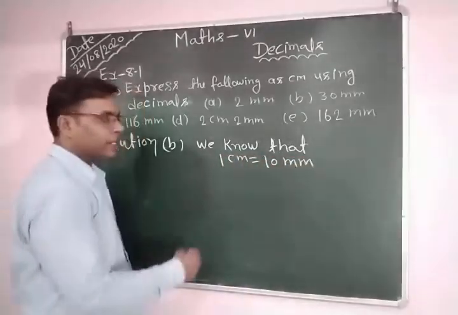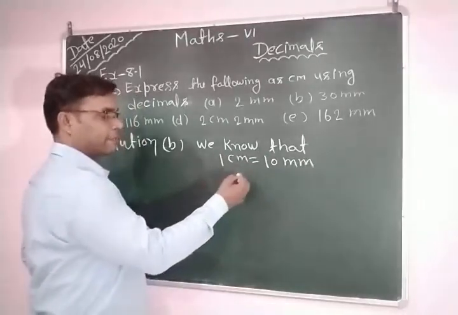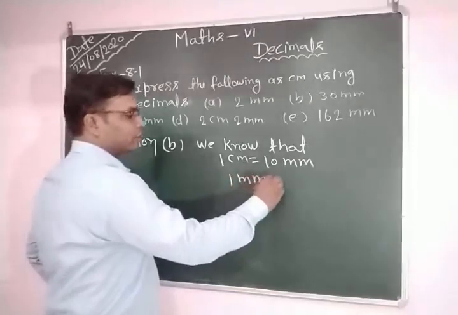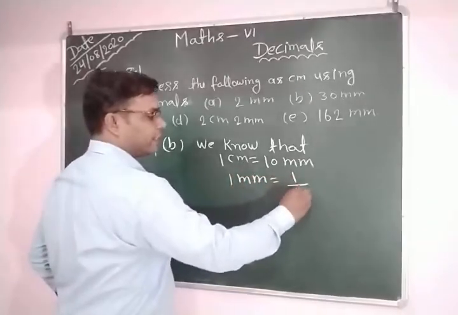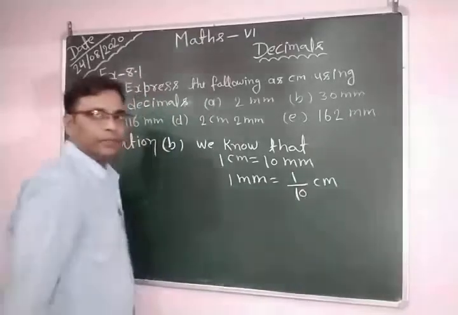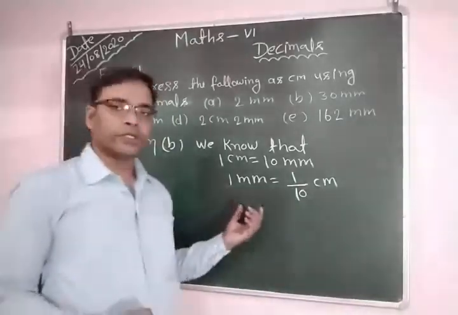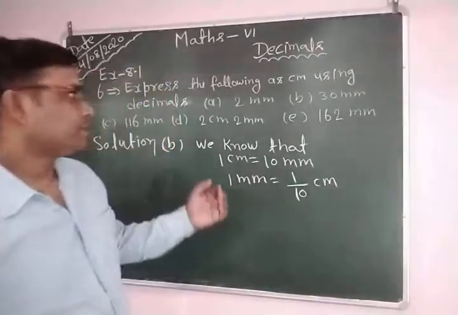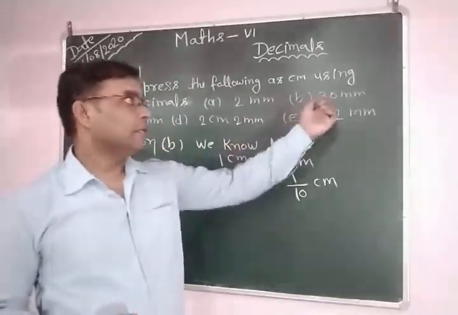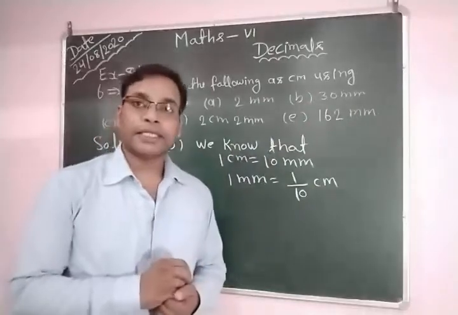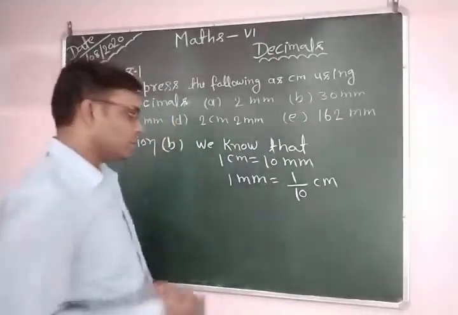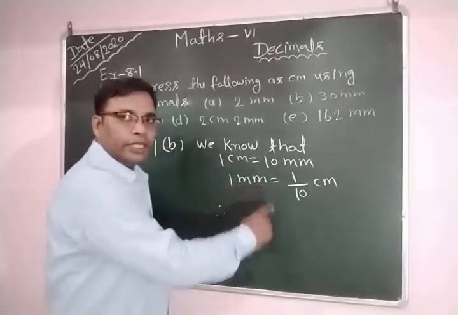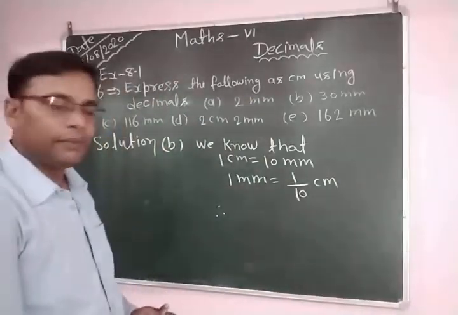Again, 1 millimeter is equal to 1 by 10 centimeters. Here in B part we are given 30 millimeters.